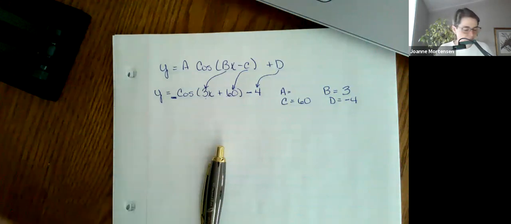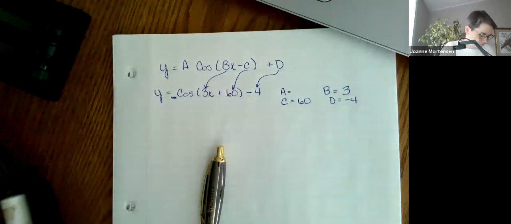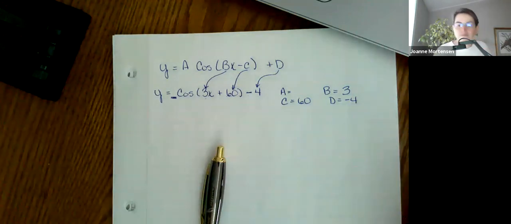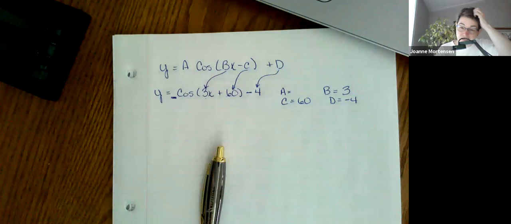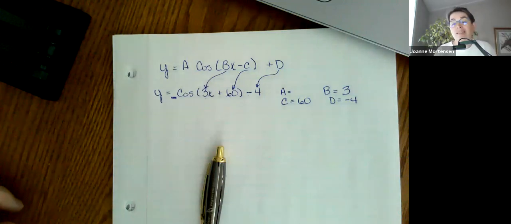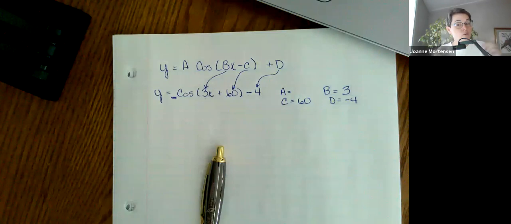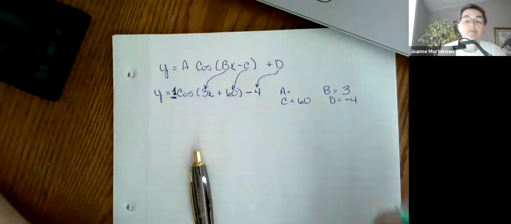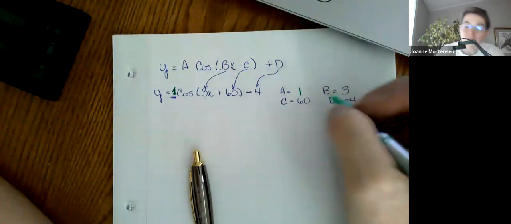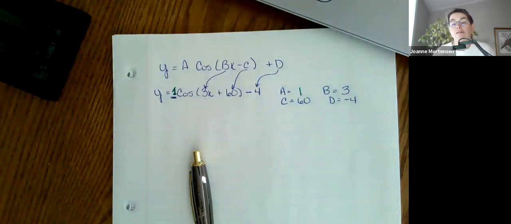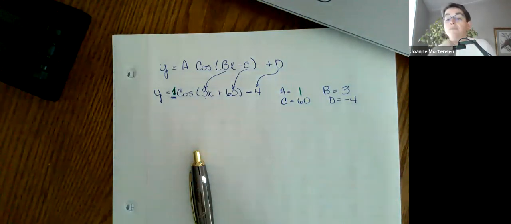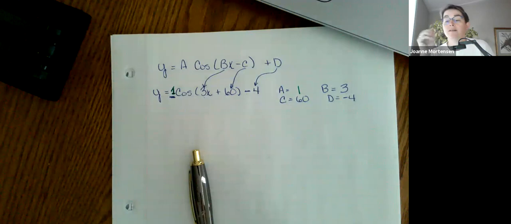But wait, there is. Hold on. You know that every single variable has got an understood 1 out in front. That would be amazing if you can remember that. You could write it down, but you could just learn it.